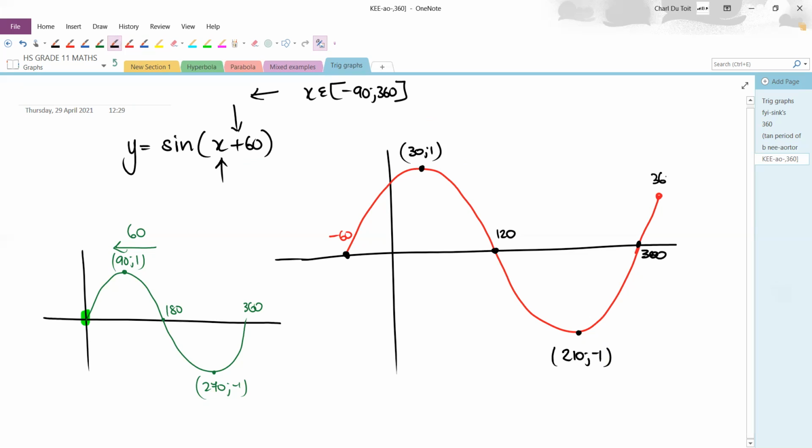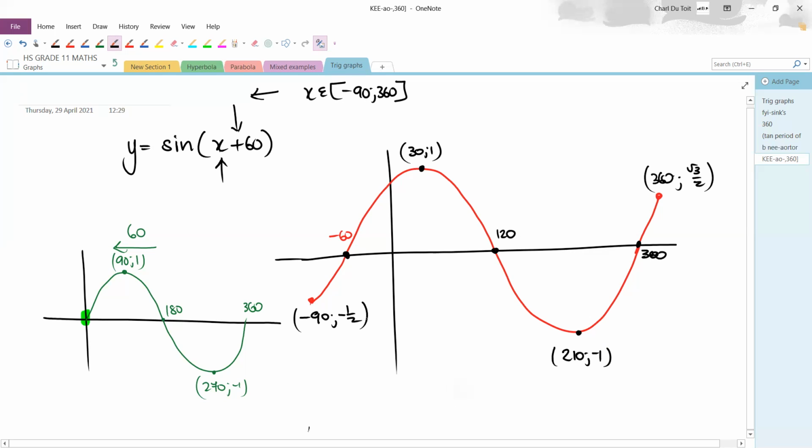So now I type in with my calculator sin of 360 plus 60, and then I get root 3 over 2. Now I have to go back. Negative 60 is not finished yet. I have to finish at negative 90. So negative 90 will be here somewhere. I type that in the calculator. Sin of negative 90 plus 60 is sin of negative 30, and that's negative a half.